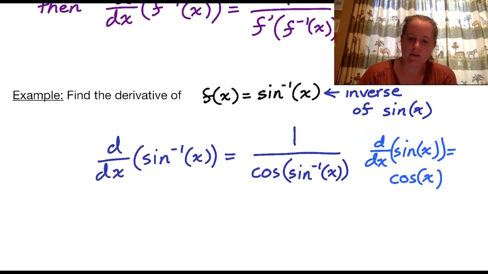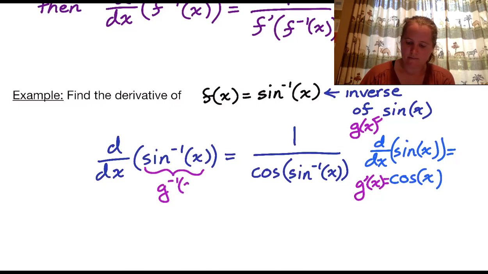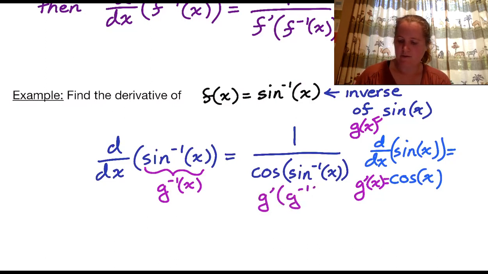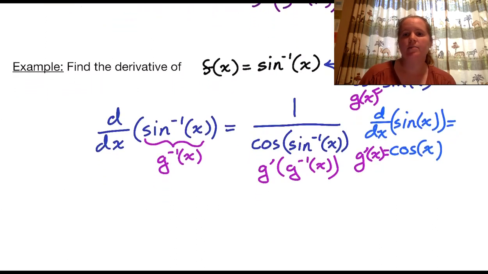So essentially what I'm doing here is I'm taking g to be our sine. So we have g prime is cosine, and this is g inverse. So what I have here is g prime of g inverse of x in the denominator. At this point, we just have to do some trig manipulation.